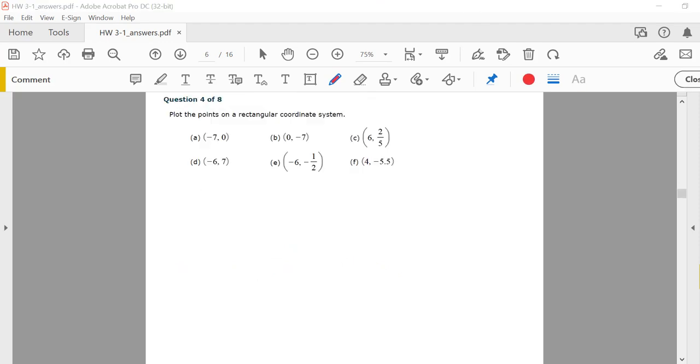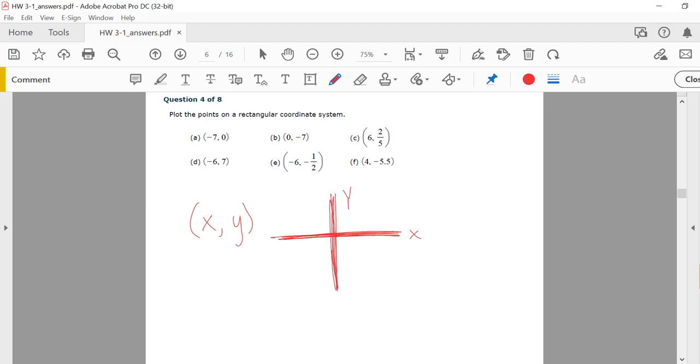All right, question 4. We're going to start plotting points on the rectangular coordinate system. Letter A, go plot the point -7, 0. Something to show you. It's always x, y. When you're looking at your axes, this is your x-axis.